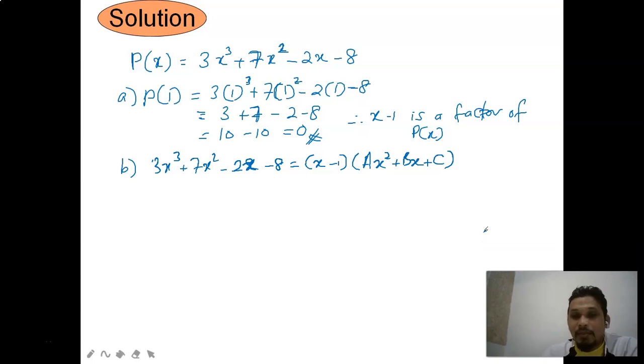Okay, so now we are going to expand this. ax squared times x gives you ax cubed.